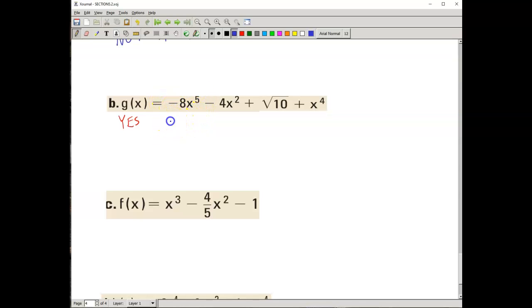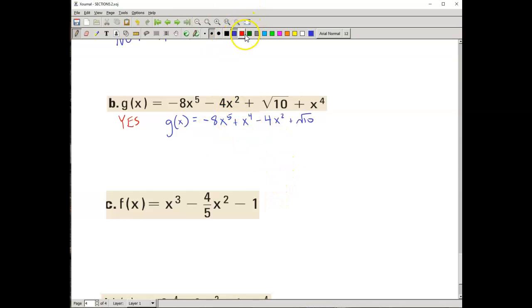If we wrote this in standard form, standard form just means we're going to take the terms that are written there and rewrite it from the highest exponent down to the lowest. So I would just say negative 8x to the fifth, plus x to the fourth, minus 4x squared, and then plus root 10. Root 10 is the constant term.